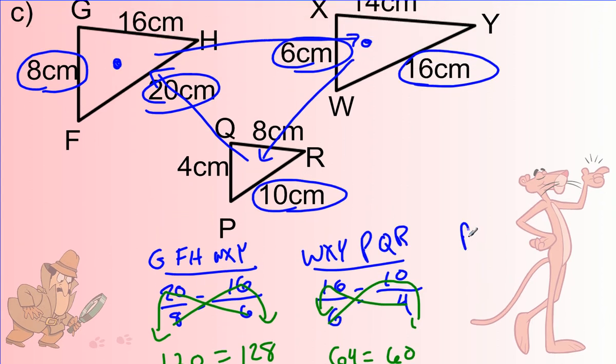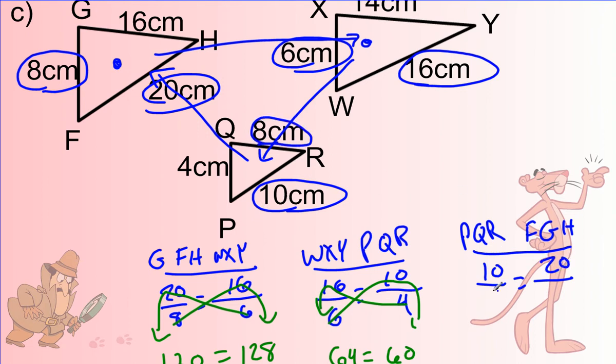It would be this P, Q, R, and F, G, H. So let's see. P, Q, R, F, G, H. Proportion. Corresponding sides are 10 corresponds to 20, and 8. Oopsie, not 8. Undo. 4 corresponds to 8.